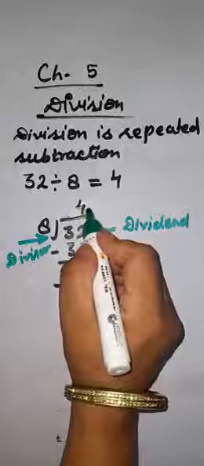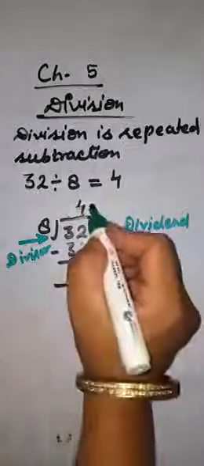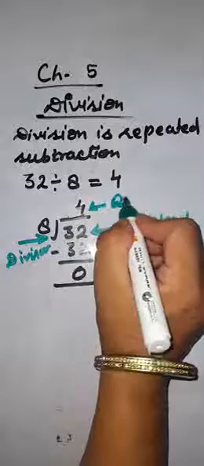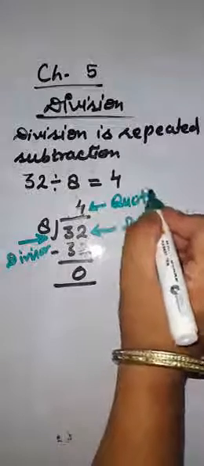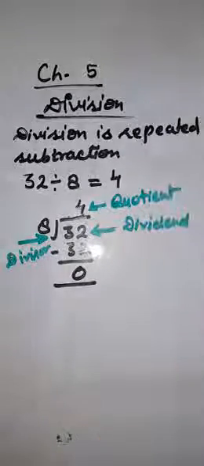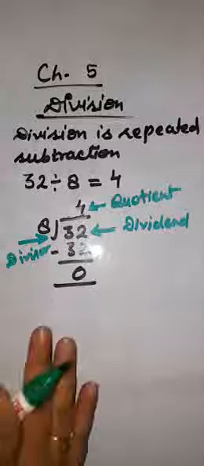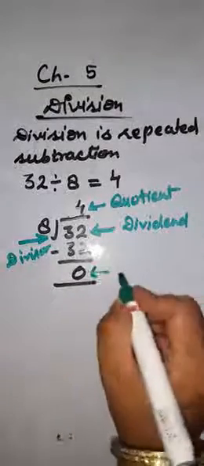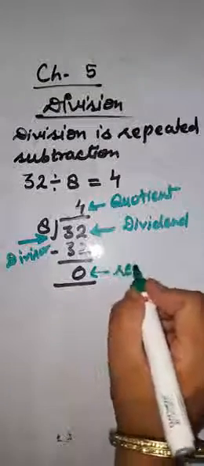We have obtained 4 here, so this is our answer, and this is also known as the quotient. Okay, children, the number which is left undivided is called the remainder. In this case we have 0 remainder.